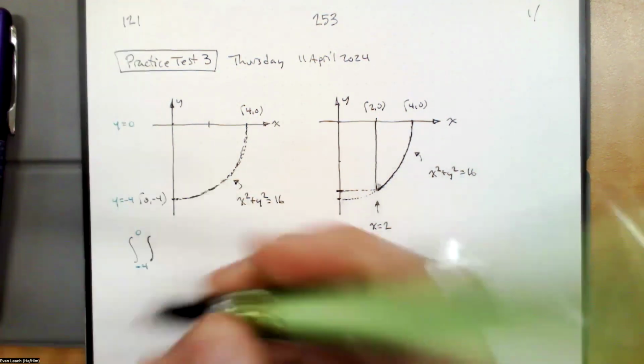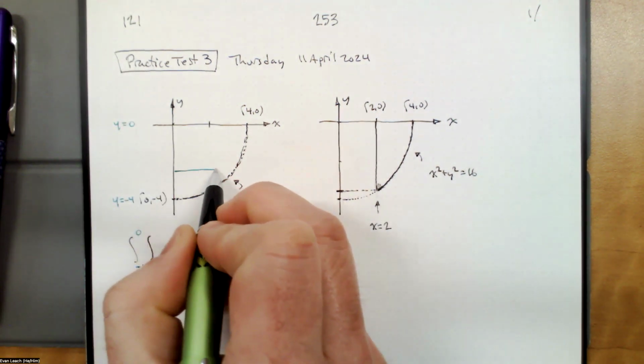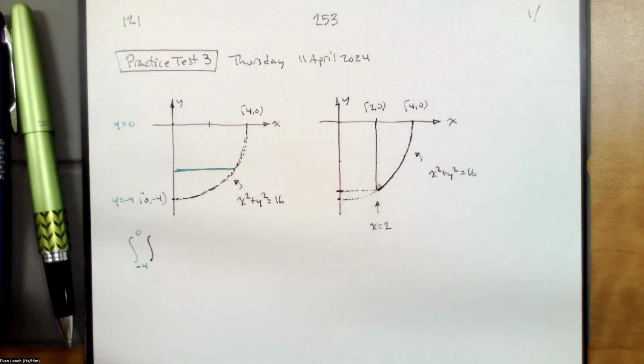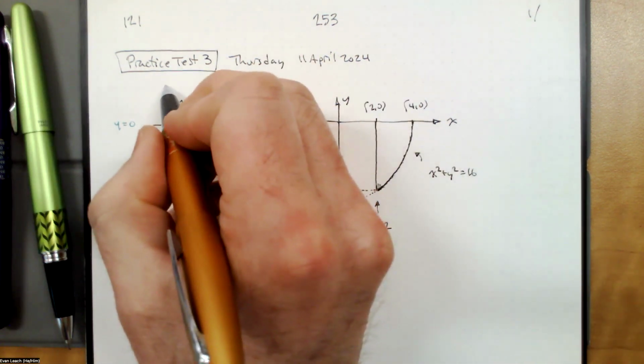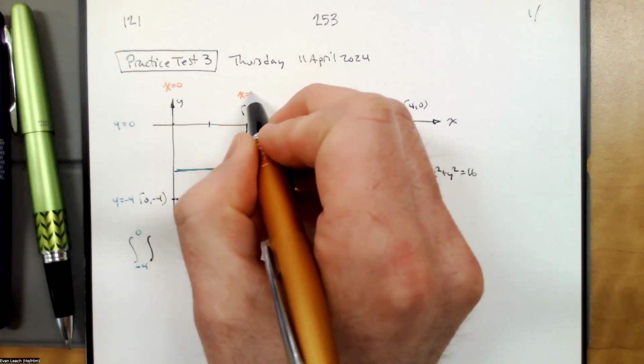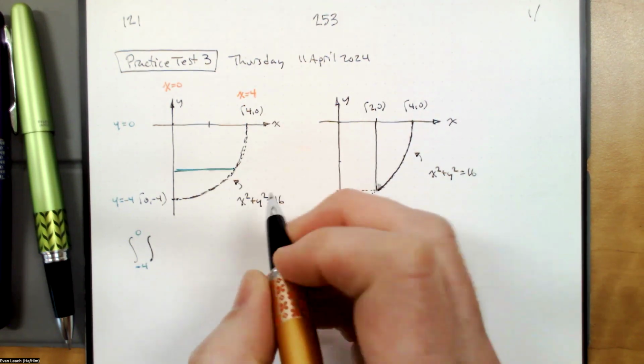For a typical y value, I need to see what x is between. x starts here at 0 and ends at the circle. Going all the way to 4 would make a rectangle, but we want to end at the circle part.